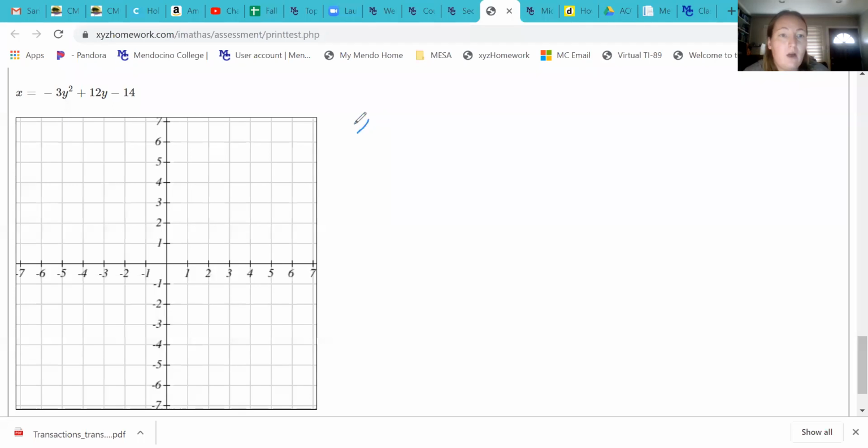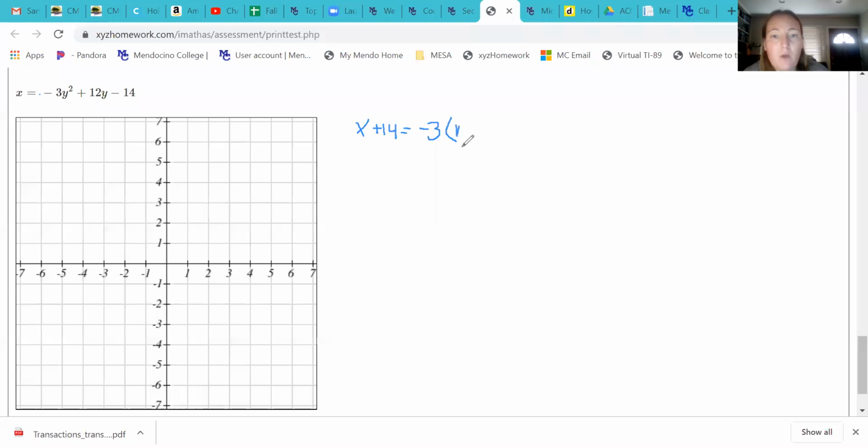All right, so I would add 14 to the left side and the right side, and I would factor out my a because I want my a out in front anyways. So I'm not factoring this, I'm just factoring out the a only.